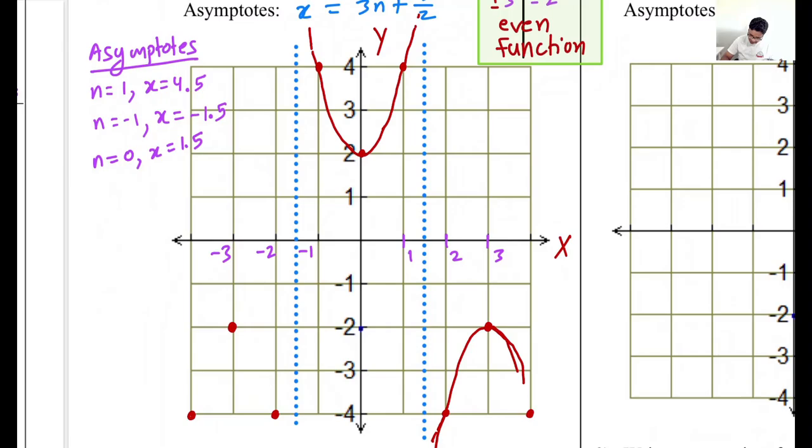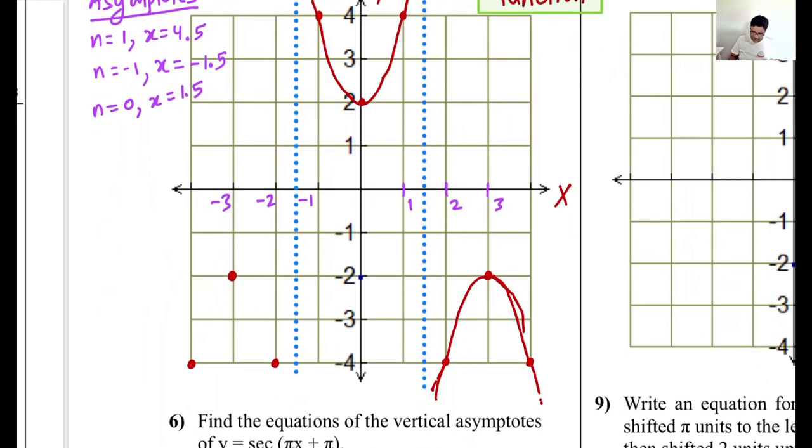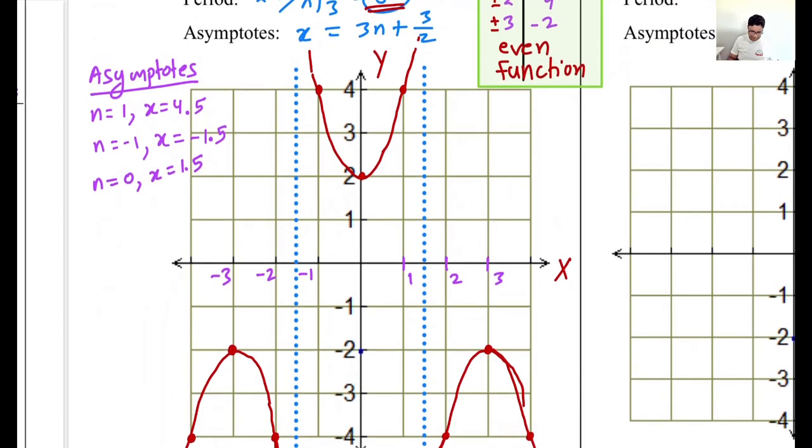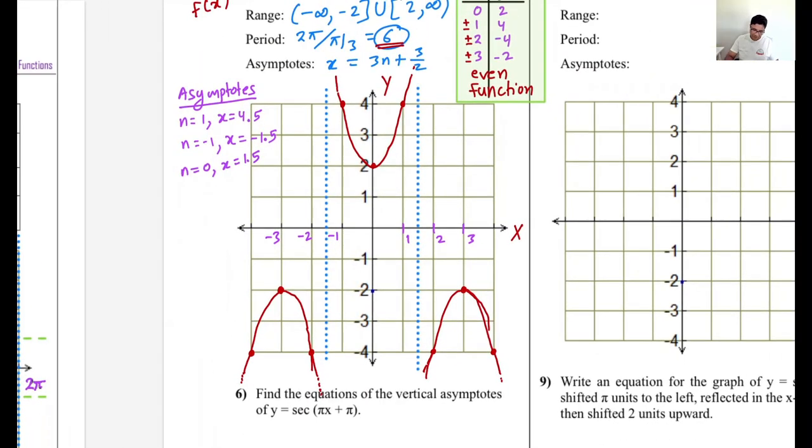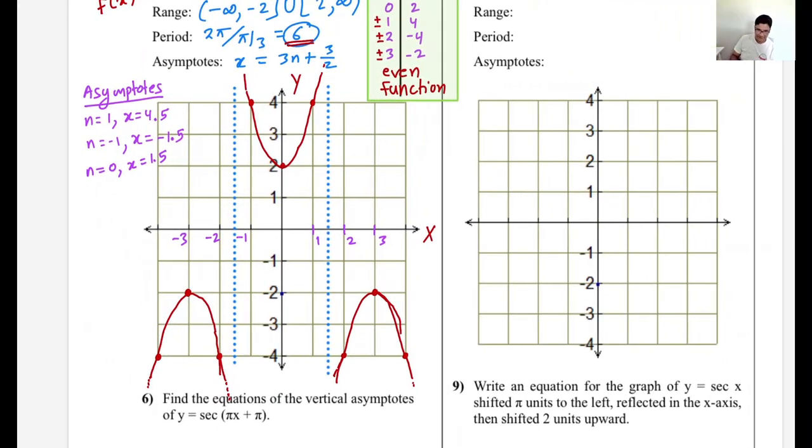More like a U shape. And then again, gradually I'm being asymptotic at 4.5 after that. And similarly on the left side, asymptotic to -4.5 here, down, up, and again asymptotic on the left here. Okay, that would be one cycle of that function.